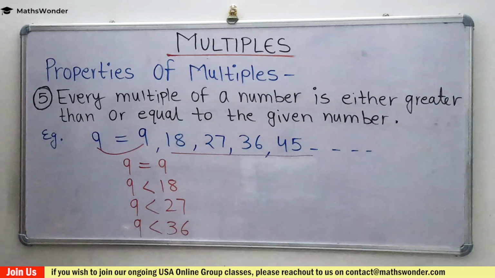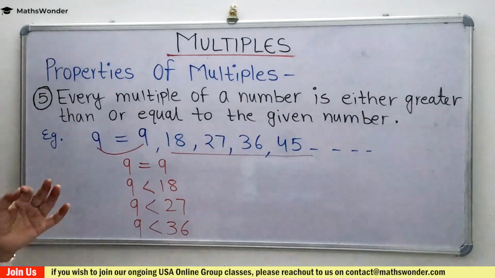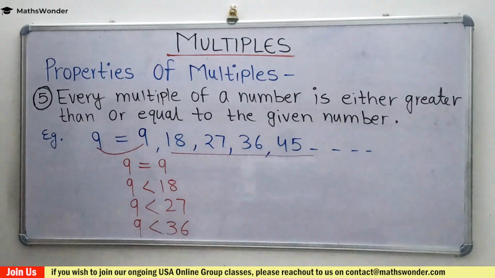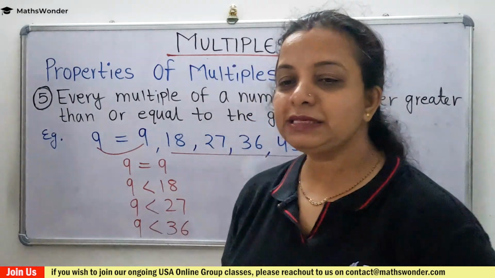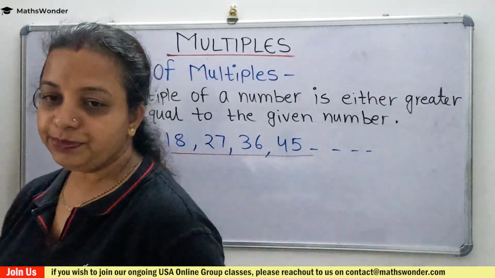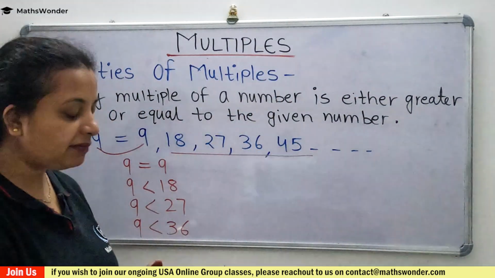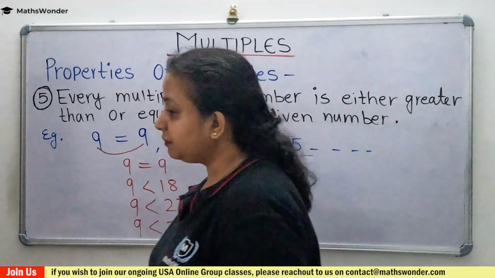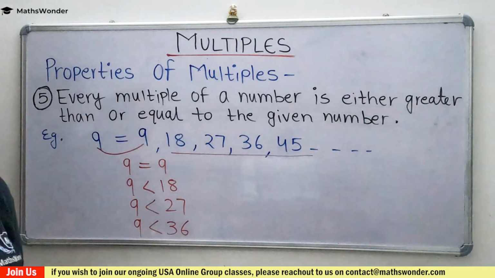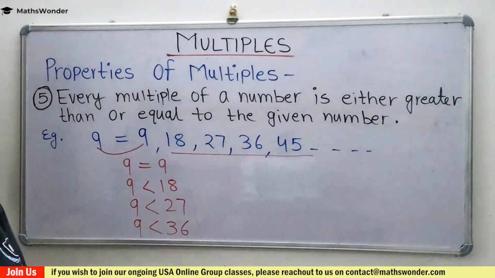In factors, every factor of a number is either smaller than or equal to the given number. Same, factors are limited, multiples are unlimited. Okay? In factors, the last factor is the number itself, and in multiples the first multiple is the number itself.